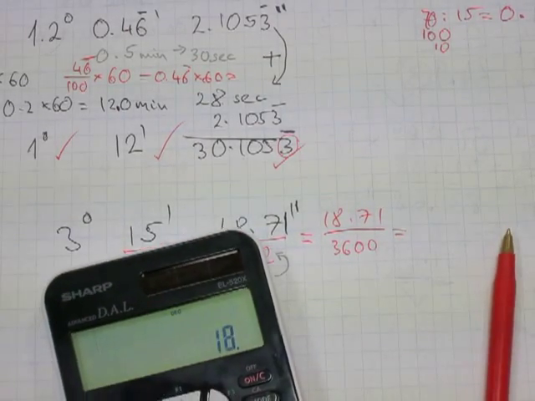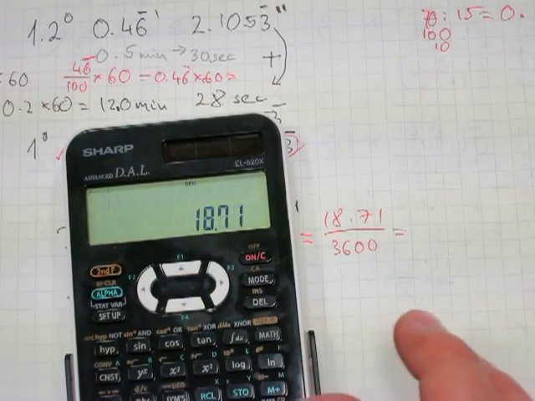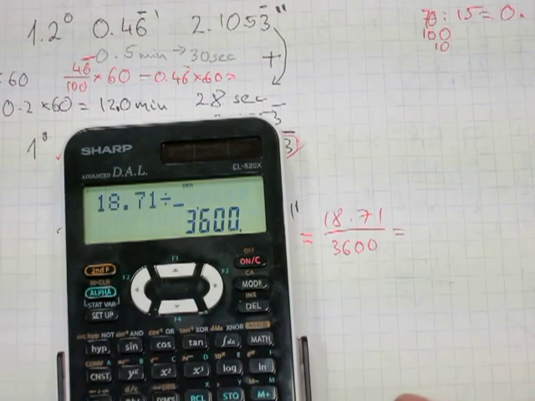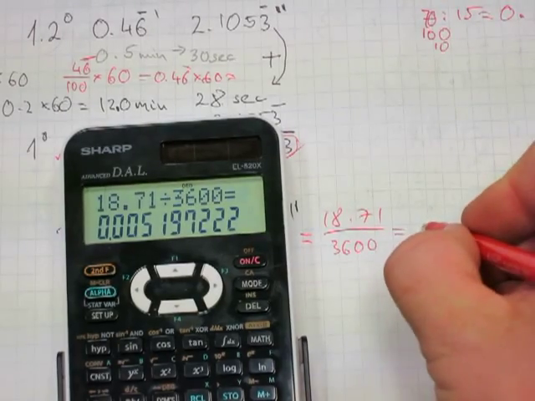So let's see what we have here. 18.71 divided by 3600, oh, too many zeros, equals that number.